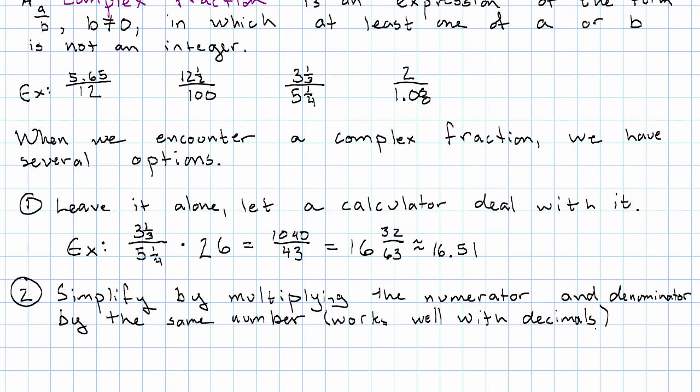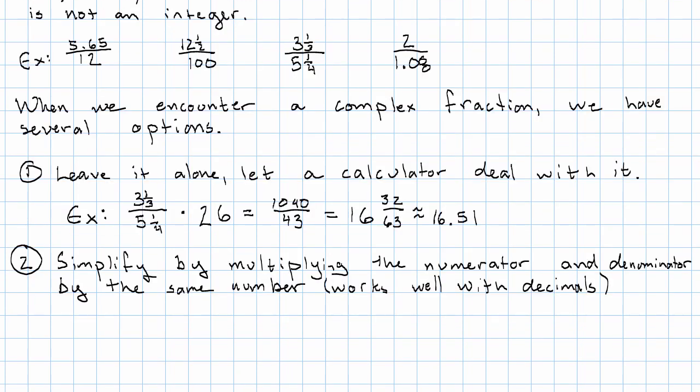Our first option for simplifying a complex fraction is to multiply the numerator and denominator by the same number, usually a whole number, which works well with decimals. For example, if we have 2 over 1.08, we can multiply the numerator and denominator each by 100.